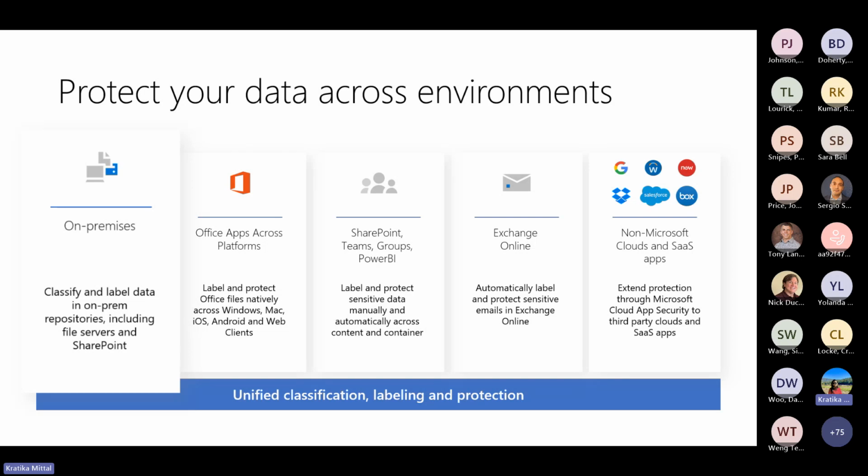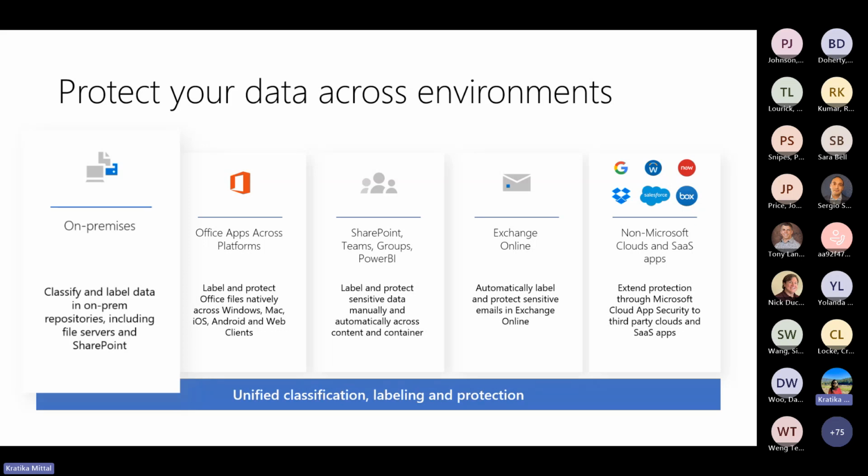There is no information protection offered by any competitor that goes across protecting sensitive data throughout the digital estate and comprehensively across all environments. And Microsoft Information Protection gives you that consistent experience across services, apps, and platforms in heterogeneous clouds, hybrids, and on-premise environments.